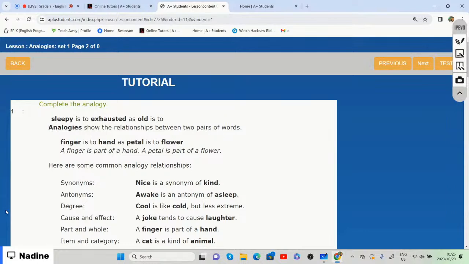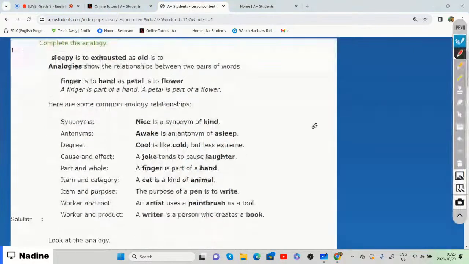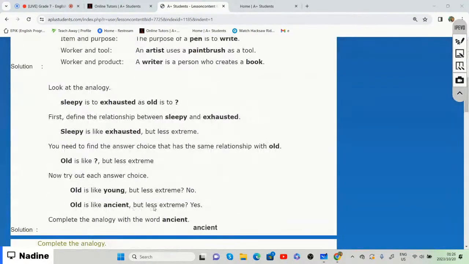If something is very old, we can even say it is ancient. So old means ancient, like very old. The opposite of old is young, yes, but we are talking specifically about the synonyms.